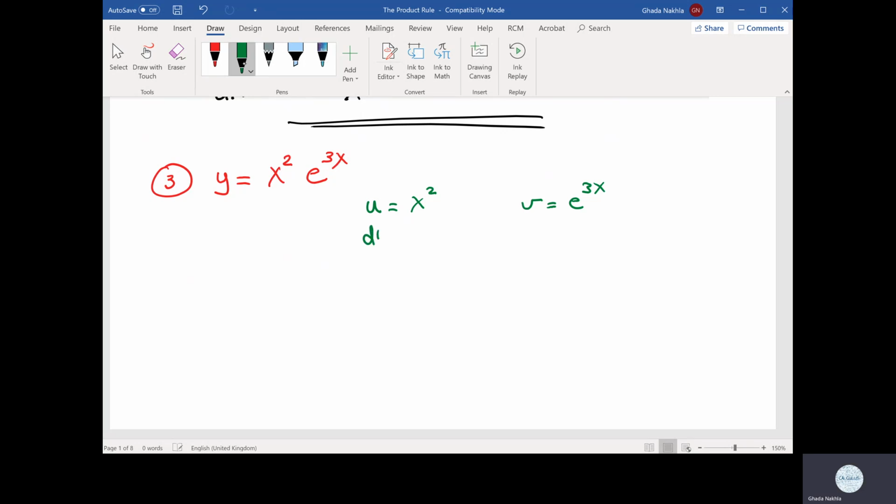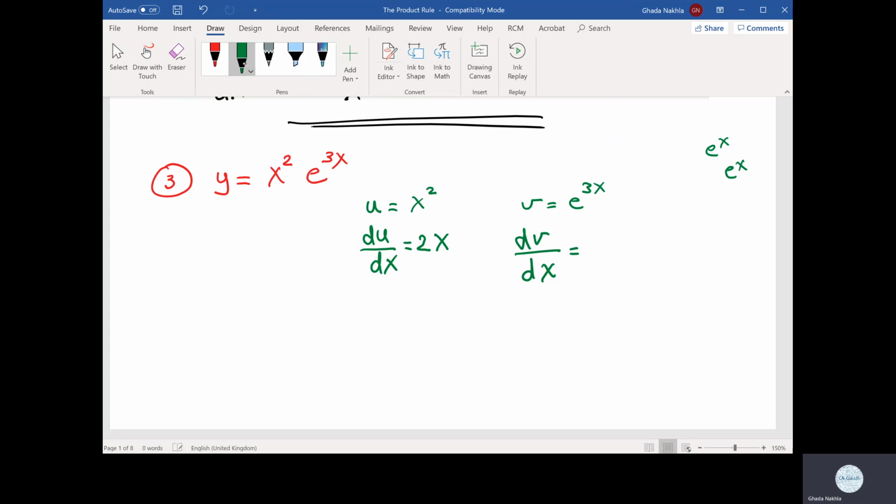We then differentiate u, so du by dx is, drop the power, x, decrease the power. So 2 minus 1 is 1. There is an invisible 1 at the top there. I'm not going to write it, of course. Okay, and then you find dv by dx. When you differentiate e to the x, it stays e to the x.